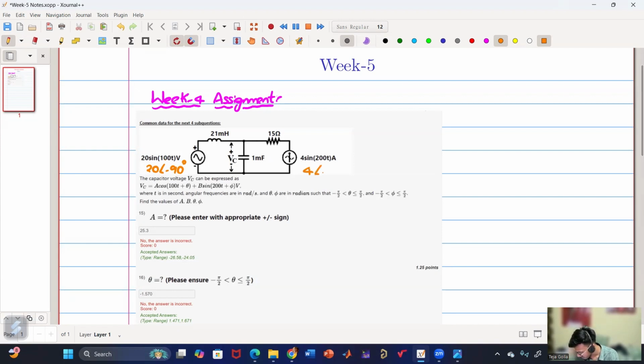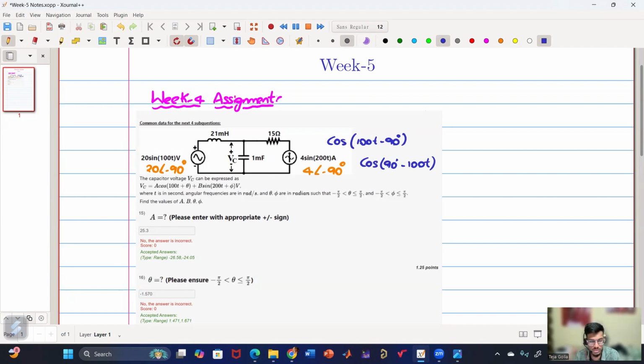If it is minus 90 degrees, then it becomes cos of 100t minus 90 degrees. Cos of minus theta is cos theta, so I can write it as cos of 90 degrees minus 100t. Cos of 90 minus theta is sine theta, so it will be sine 100t.